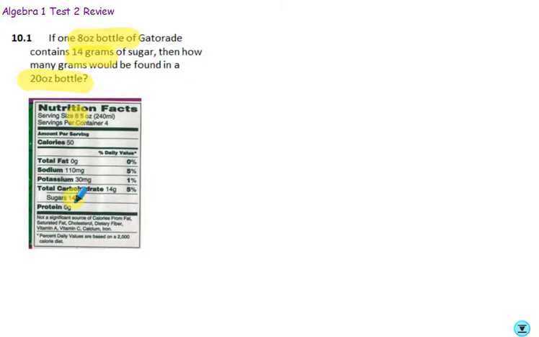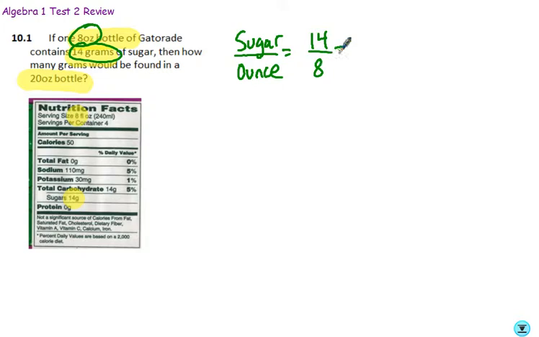Well, what we could figure out is that if we knew how much was in 1, then we could know how much was in 20, right? So what we're going to do is the sugar per ounce. We know that there's 14 grams of sugar in 8 ounces, so let's do that division.